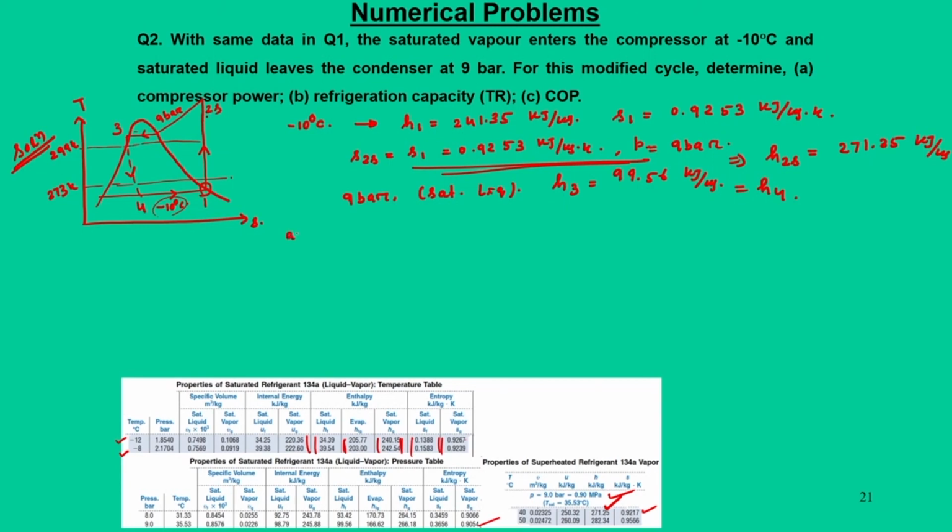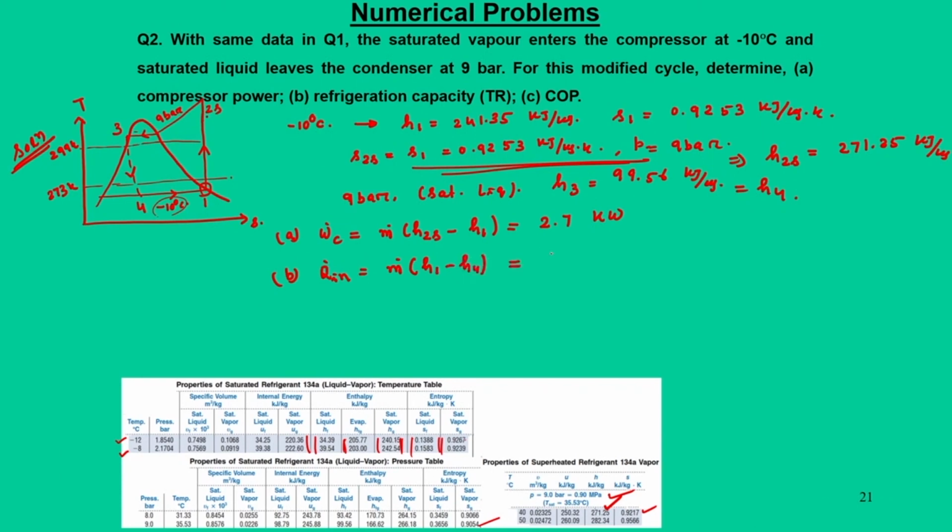So, we can find out first W dot C is equal to m dot (H2s minus H1). So, this number would be 2.7 kilowatt, because all the data are given here. Then refrigeration capacity Q dot in will be m dot (H1 minus H4).